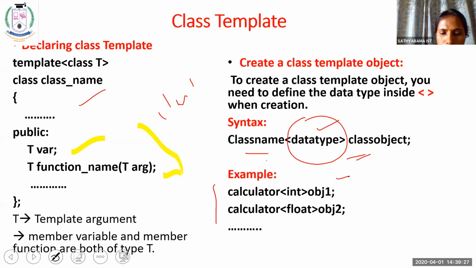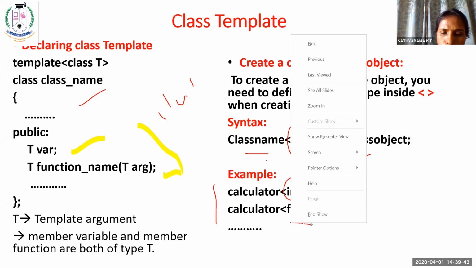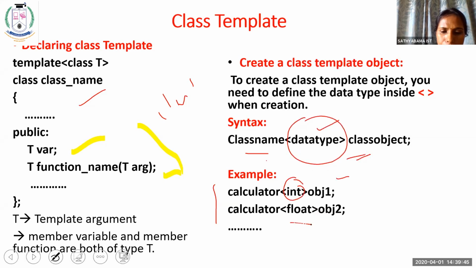If it is a class template, you specify the data type as integer. The meaning is that now your class implementation is going to perform the operation on the integer data type. And in a similar way, you can create objects on any different data type.